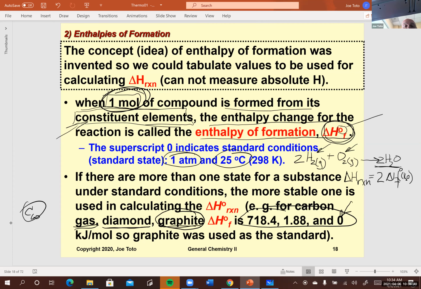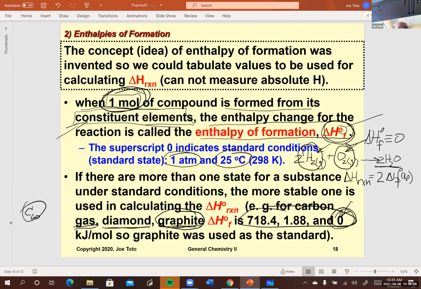So we take the lowest form and assign that to be 0, just like we assign all elements in their standard conditions to have delta H of formations as 0. They're defined as 0. Now, what does that do? That gives us a point of reference.